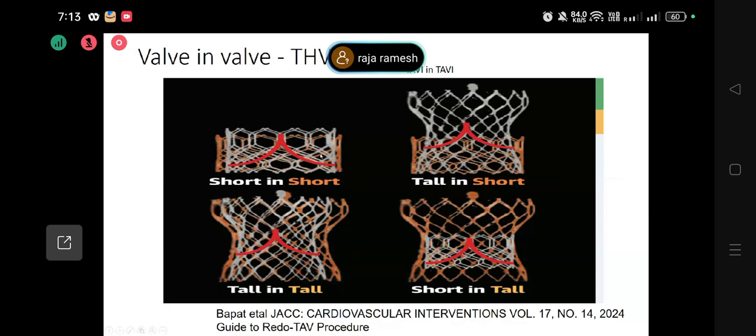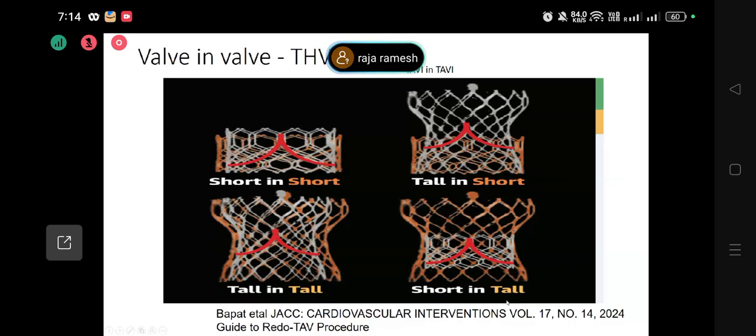If you choose a short valve in this, it is called short in short. Suppose the initial valve is a short valve, and if you are placing a self-expandable valve in it, it is called tall in short valve. And if both are tall valves, it is called tall in tall. And if one is short and one is tall, it is called short in tall valve.